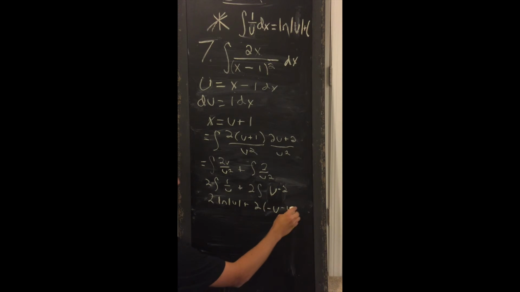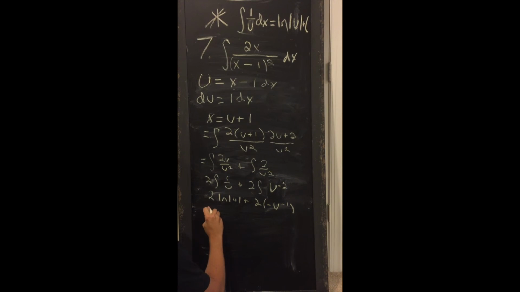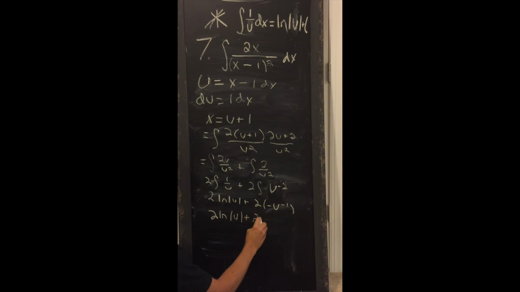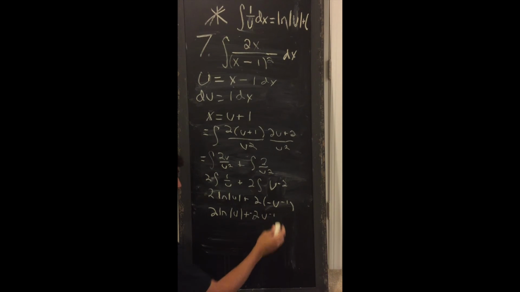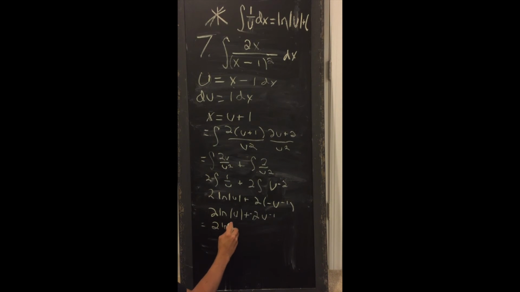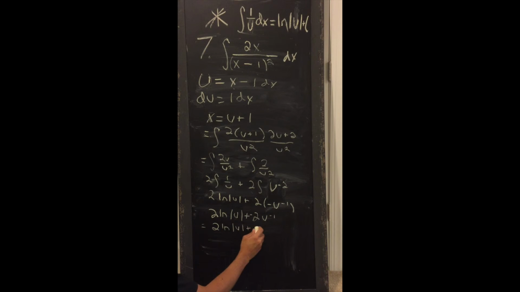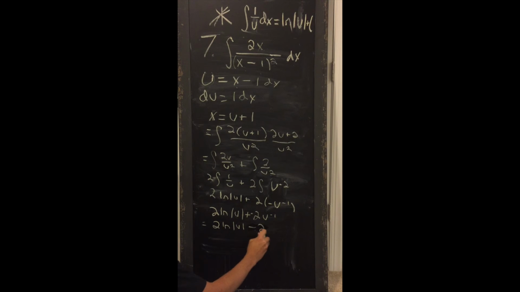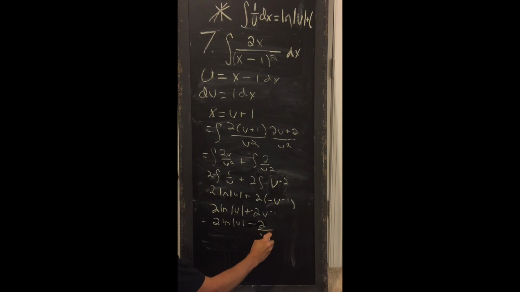So now you're going to multiply that 2 by this negative u to the -1. So we're going to end up with 2 natural log of the absolute value of u plus 2 times -u to the -1, which can also be written as 2 natural log absolute value of u minus 2 over u.